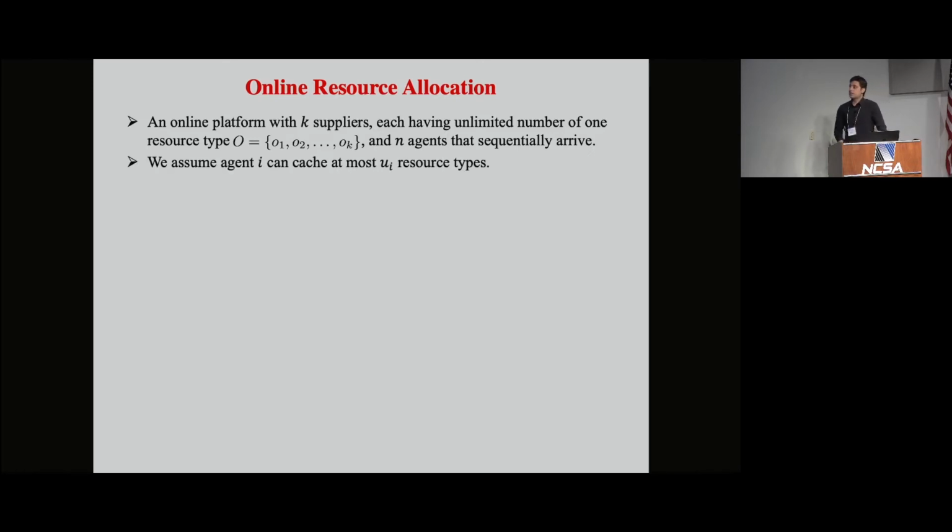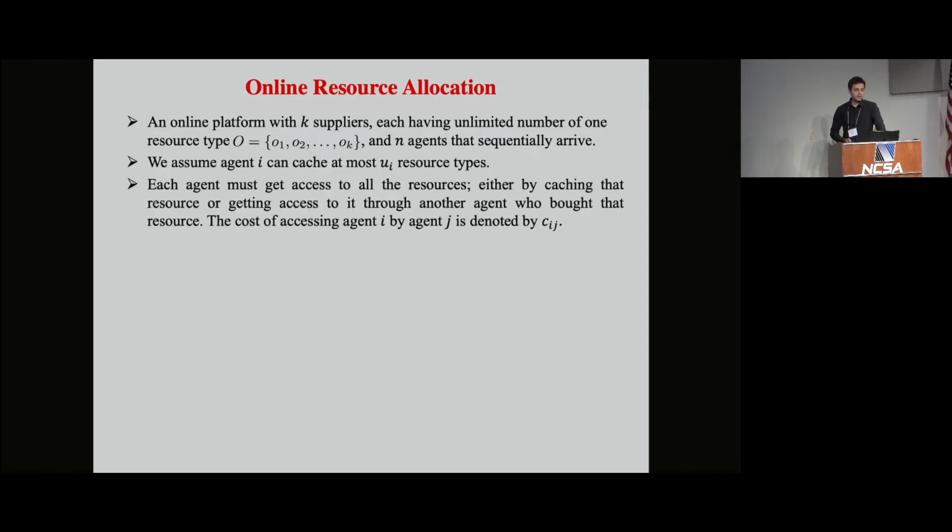Agent I, when it comes to the platform, has a limited cache size of U_i. It can only cache U_i resource types. Moreover, we want each agent to get access to all the resources. That can be done either by caching that resource or getting access to that resource through another agent which has that resource in its cache. We denote the access cost between agent I and agent J by C_ij, which is a non-negative real number.